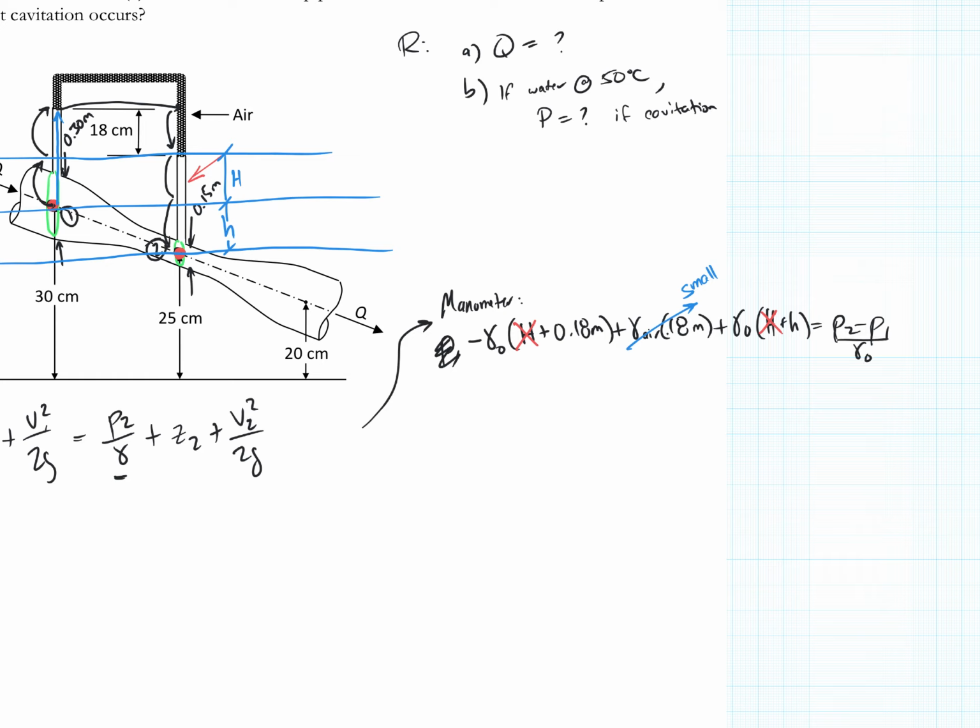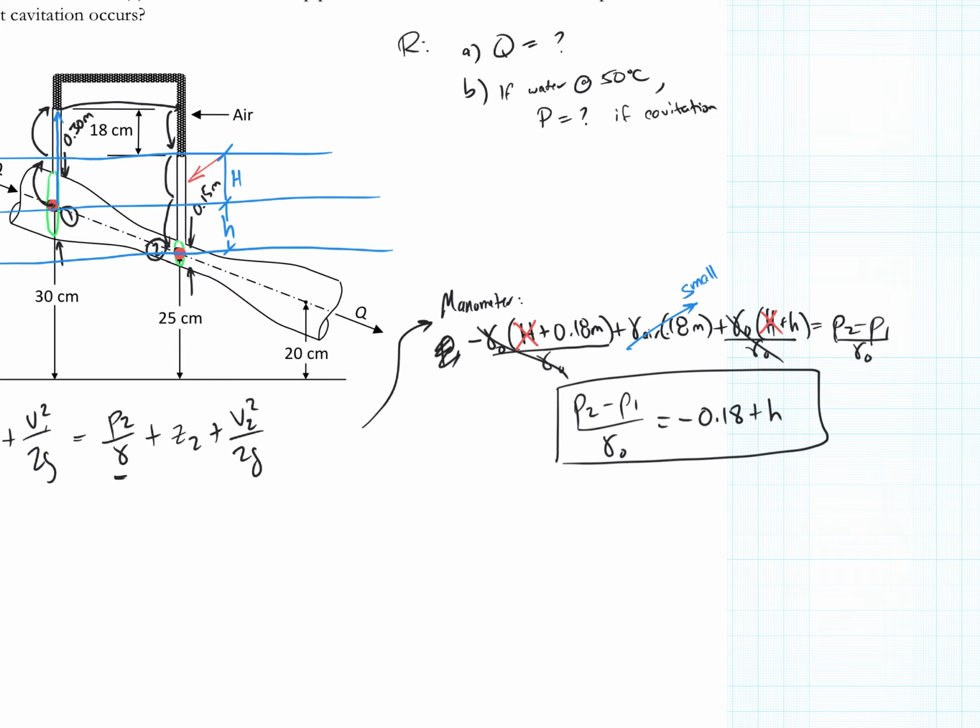So this goes away, that goes away. And so I'm left with P2 minus P1 over gamma oil equals, looks like I got negative 0.18 plus H. Is that right? That is amazingly simple. I guess that's what happens when you use air as your manometer fluid. It kind of disappears for you.